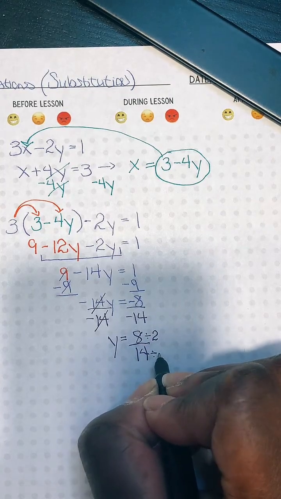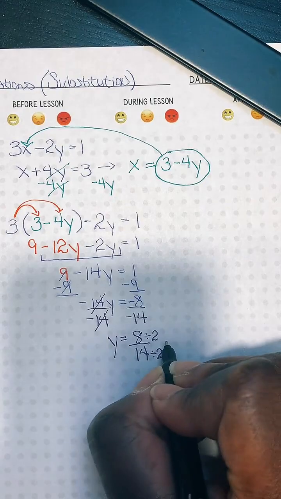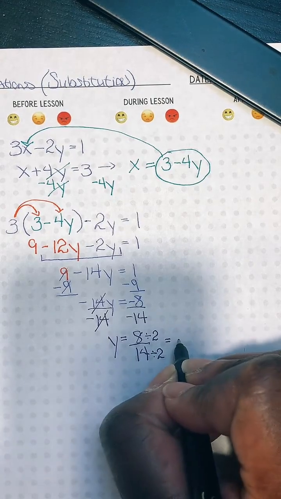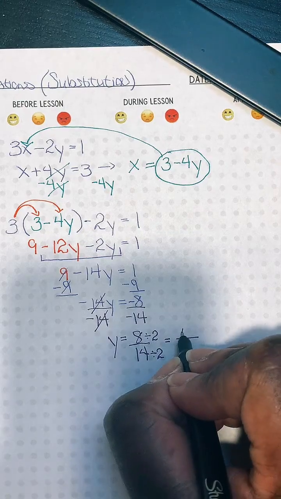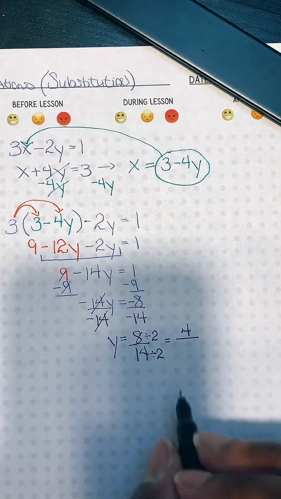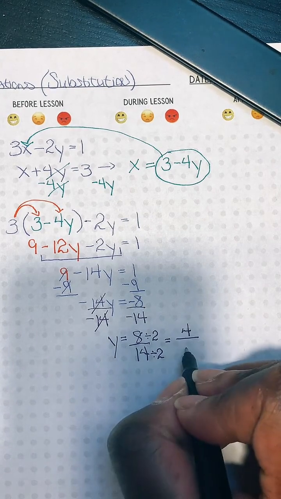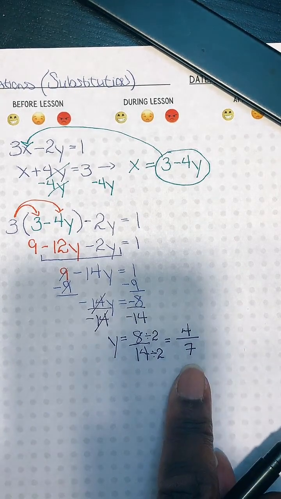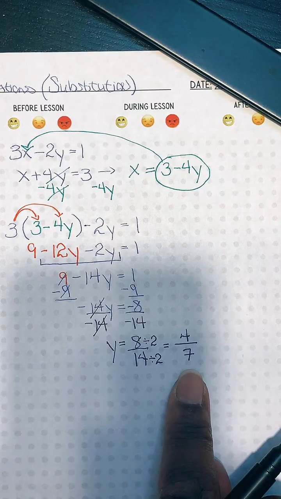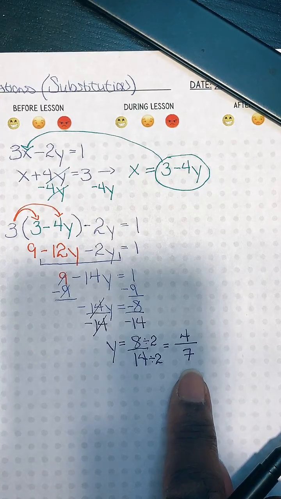When you simplify, you're basically dividing, making it smaller. So 8 divided by 2 gives me 4. 14 divided by 2 gives me 7. So our y value is 4/7.